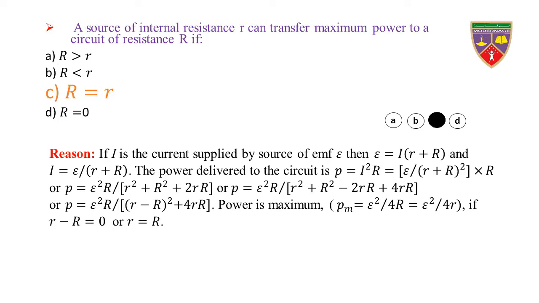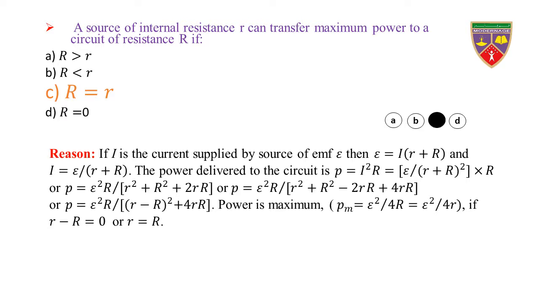Reason: if I is the current supplied by source of EMF epsilon, then epsilon is equal to I into (r plus capital R), because the internal resistance and external resistance are in series.